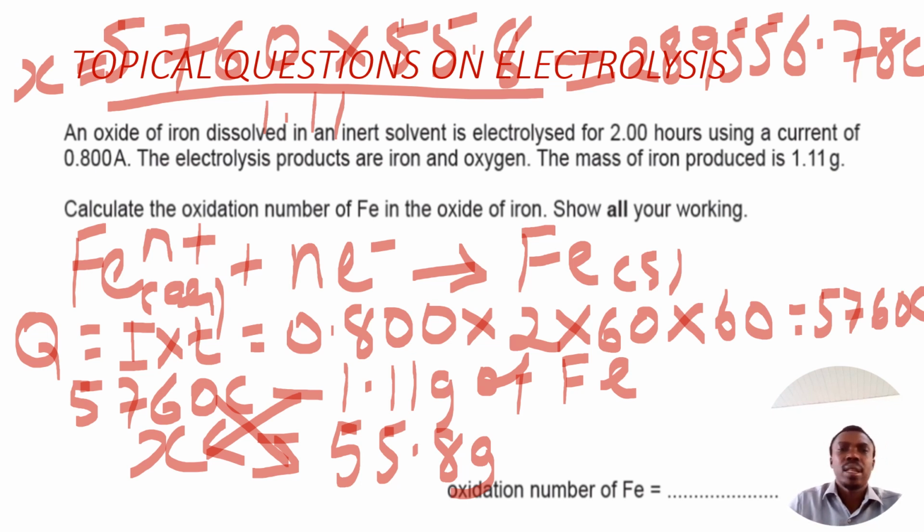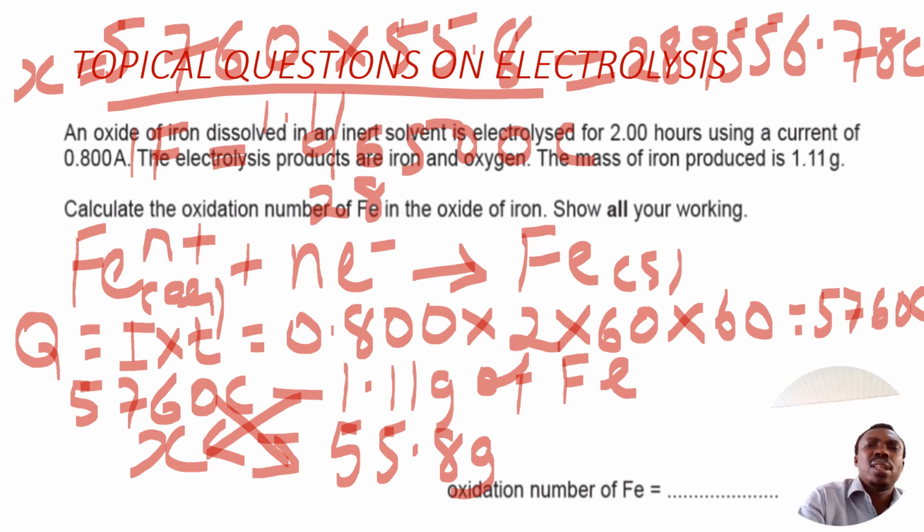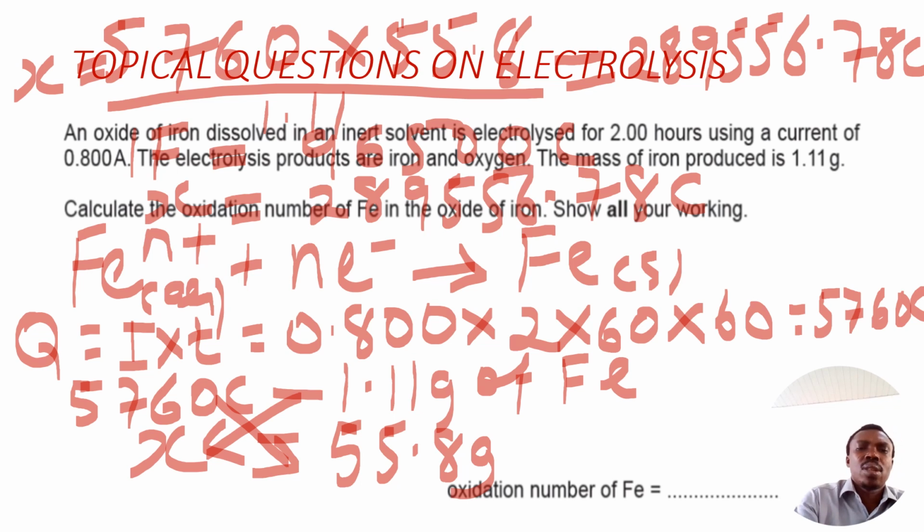Remember, 1 Faraday is equal to 96,500 coulomb. Therefore, 289,556.78 coulomb will require how many faradays?